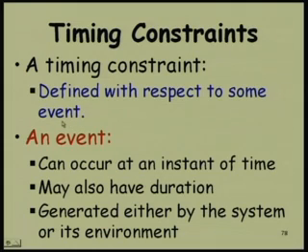One thing that we must remember is that the timing constraint is defined with respect to some event, and the event we can conveniently think of as an instant of time. So, an event is instantaneous, but again, an event does not really occur at an instant of time. For example, you press a telephone button.